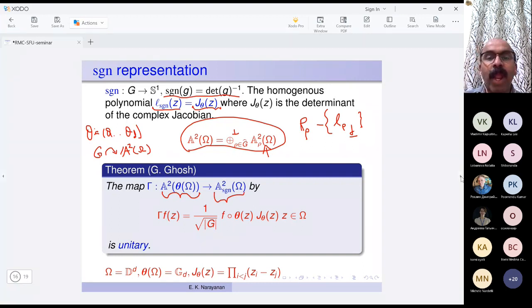So A2 sign is one piece here. In A2 omega, there is something called the trivial representation, so these are the invariant ones. There is some other representation, and there is one for the sign representation, right?